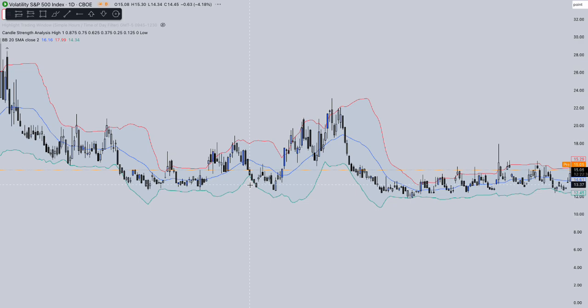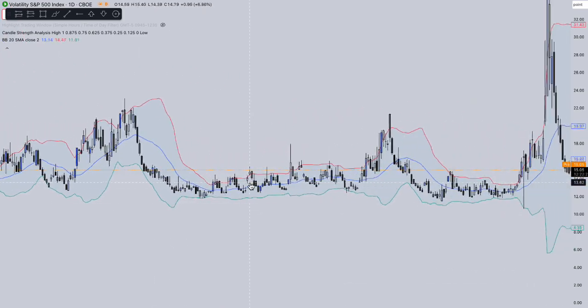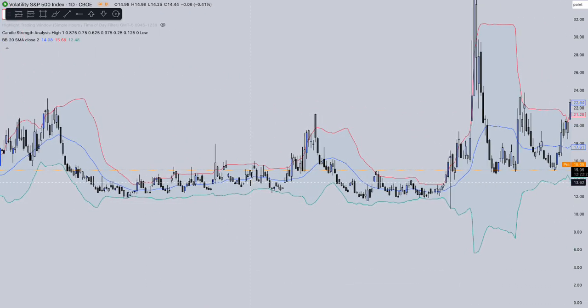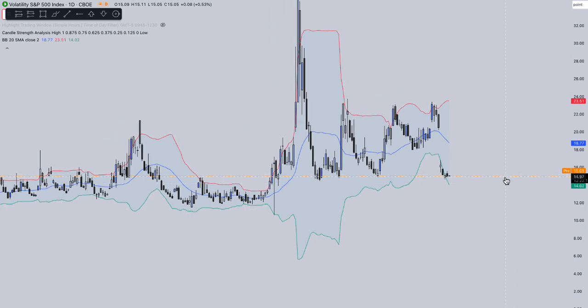Typically you can see when it does touch the lower band, it continues lower. Recent price action has, but you can see a bit of support there. So who knows? I'm not going to really look at that too much.